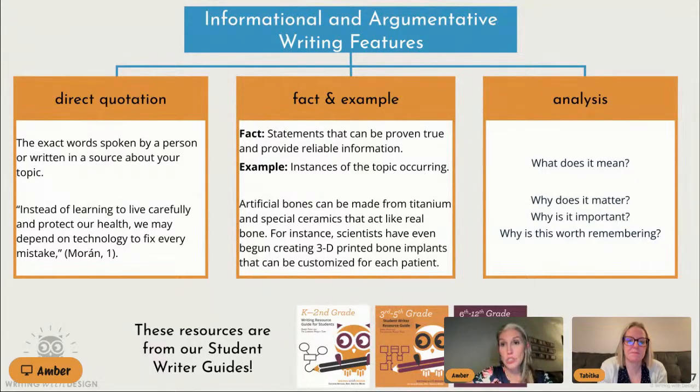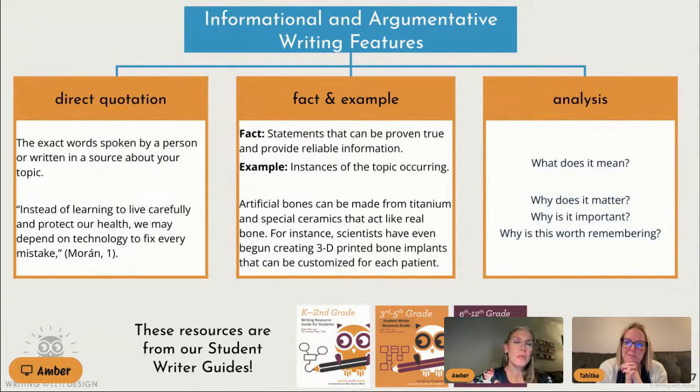So direct quotation is one, pulling in the strategy 6, so you can see it highlighted or written down there at the bottom. Then facts and examples. So we define what those both are, and then we've got a little example of what that could look like of pulling in both a fact and then an example of that fact.